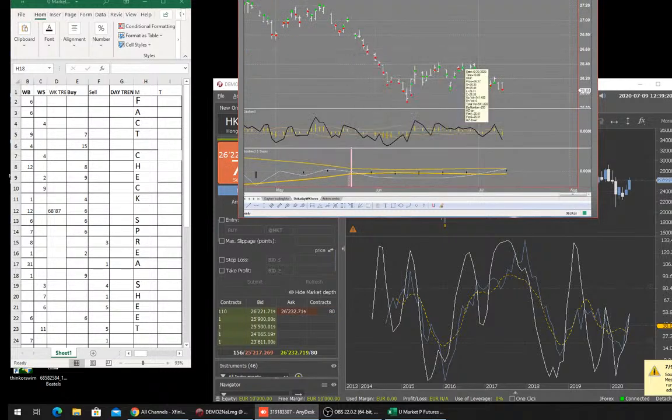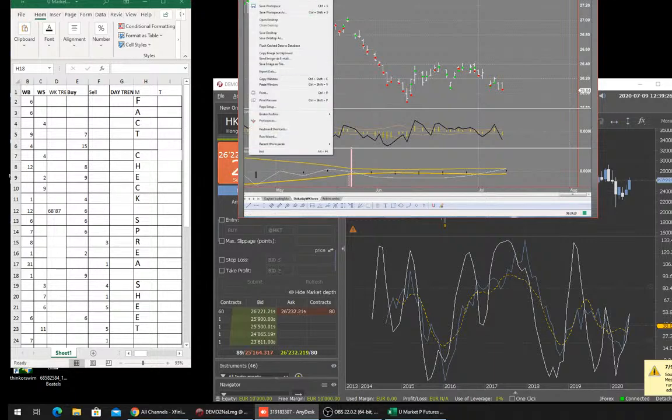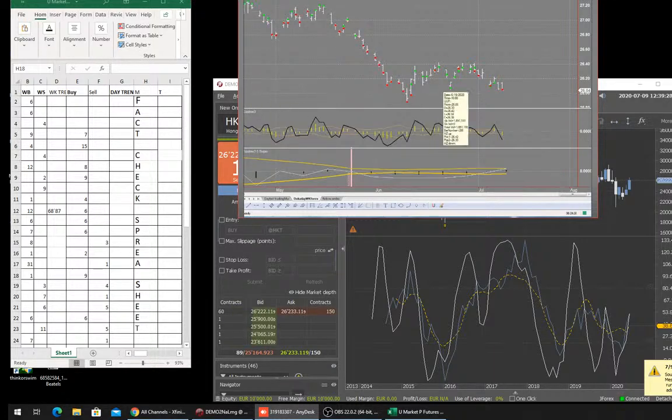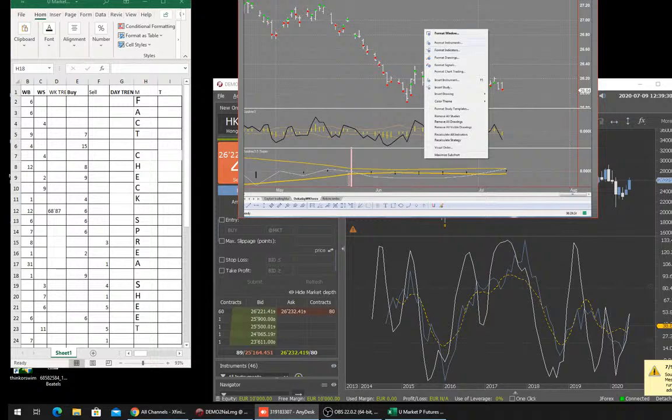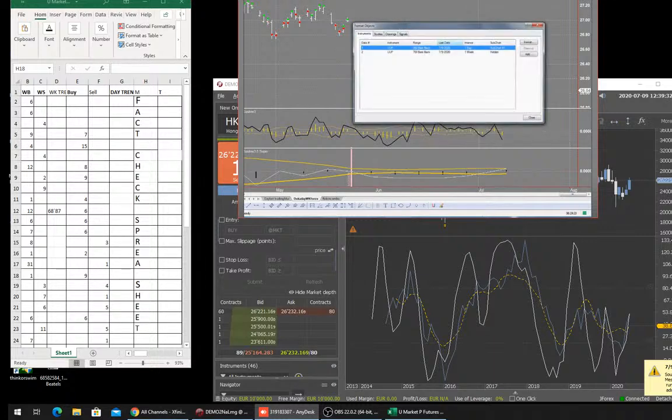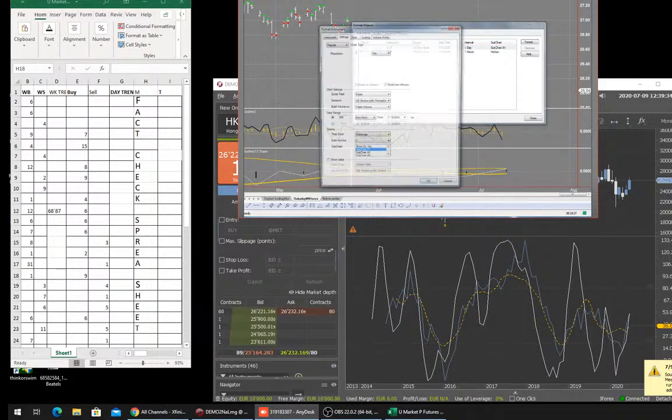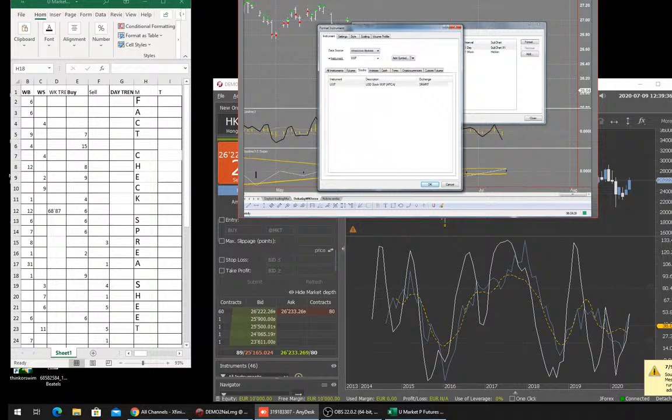So we activate that. Then we make a copy of that. And then we put a paste action in there. So that's there. And then now let's put the FXI in there. And that's the ETF we use in the States here for the Chinese stock.